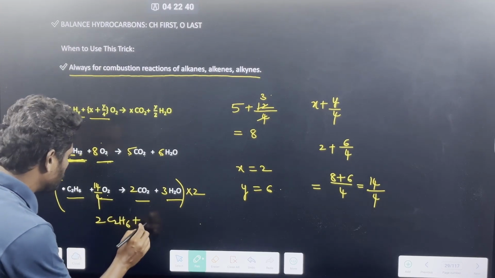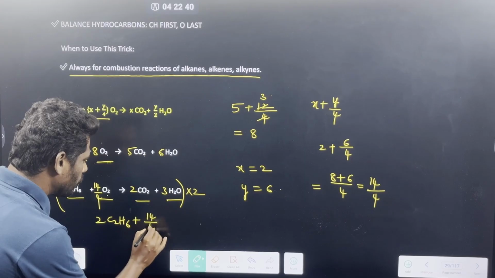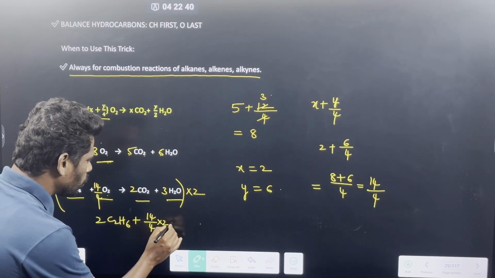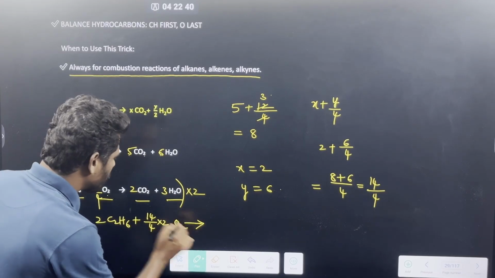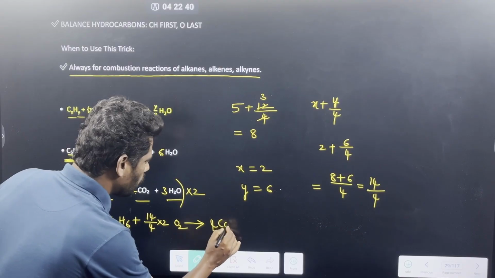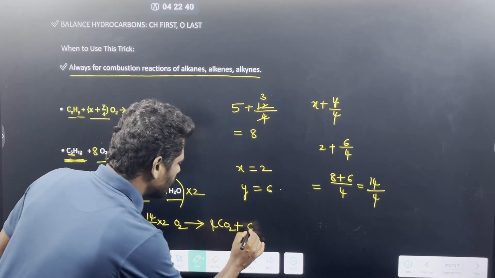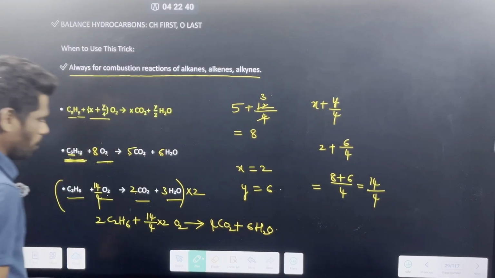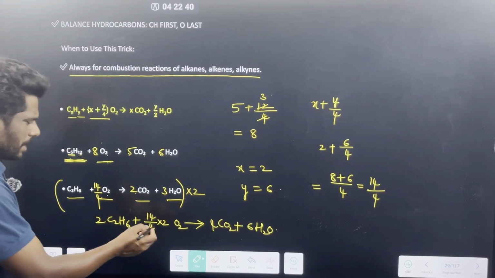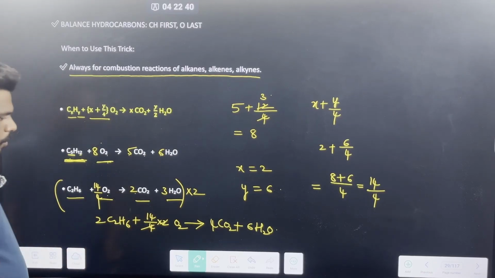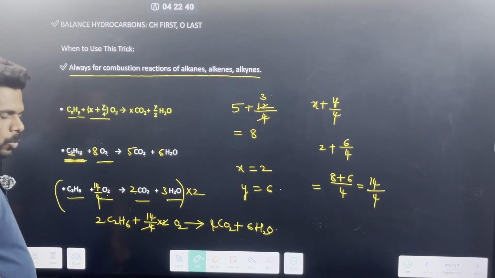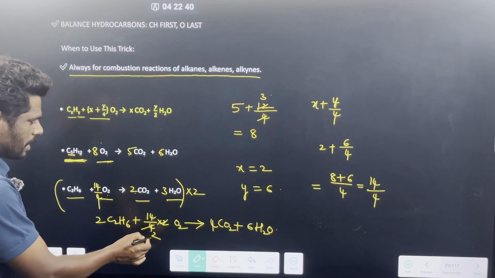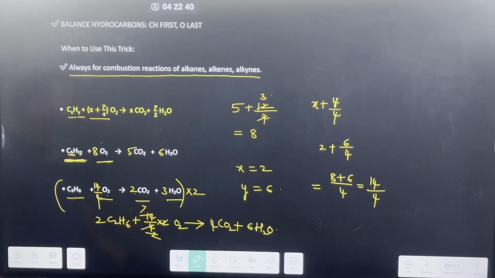C2H6 plus 14 by 4 into 2 O2 gives rise to 2 into 2 CO2 plus 2 into 3, 6 H2O. So here what happens? Obviously 4 and 2 cancel, then 2 is here and 2 sevens are 14.